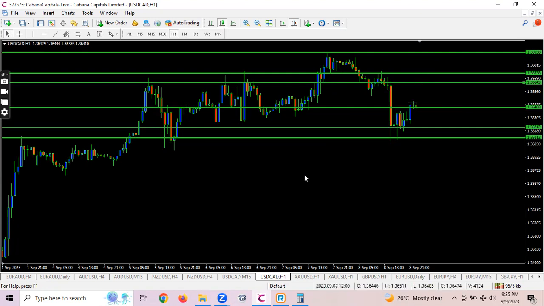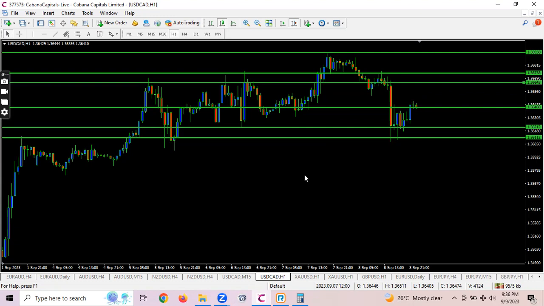Okay, and I did talk about correlation in my previous classes. It's very important that you know how these instruments or pairs correlate. So for example, USD CAD is negatively correlated with Australian dollar USD. So if you want to buy USD CAD, you should look at Australian dollar USD charts.